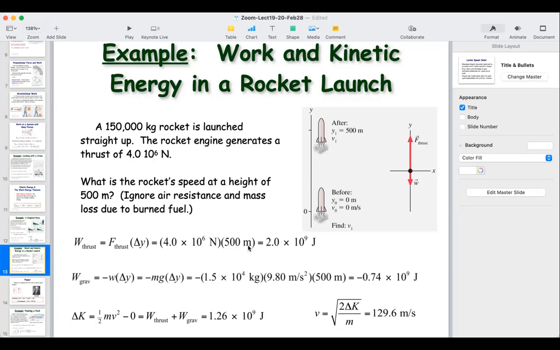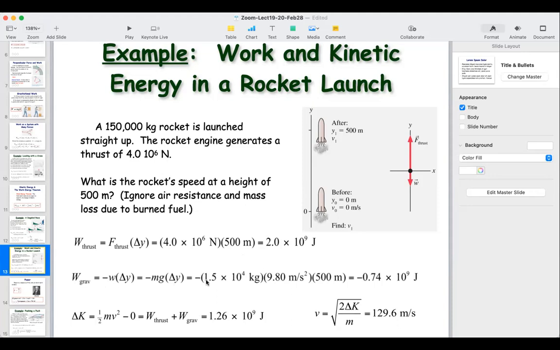Now let's see the work done by gravity. Again, as explained before, we have the cosine of theta, and because it's 180 degrees, this brings you a minus. So we have minus mg delta y.